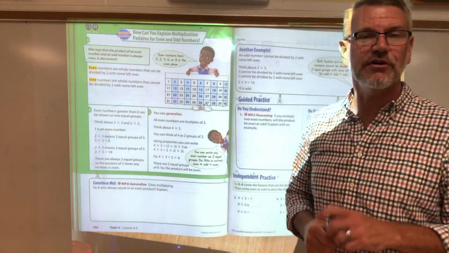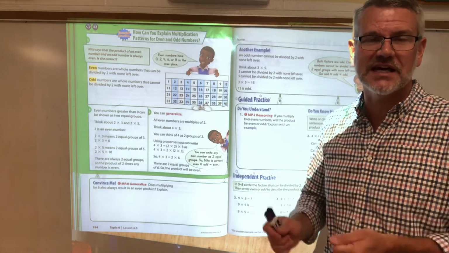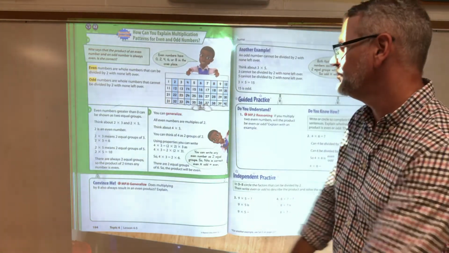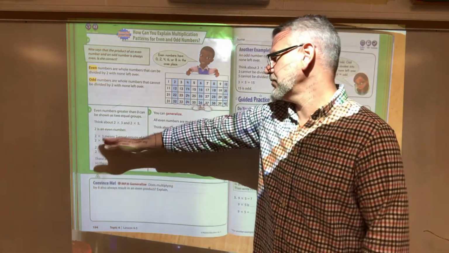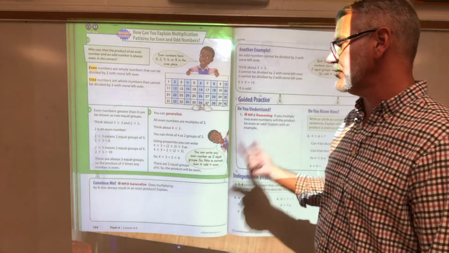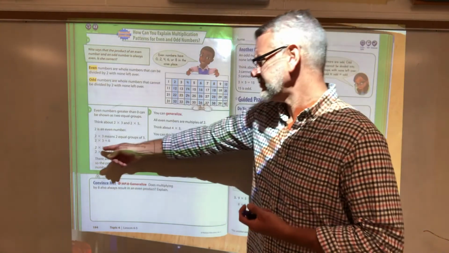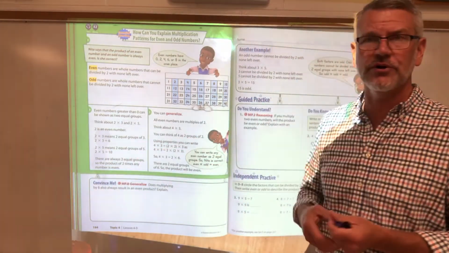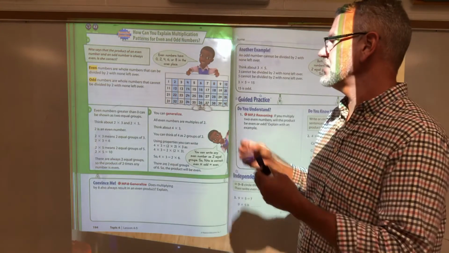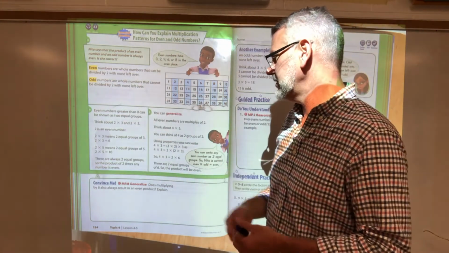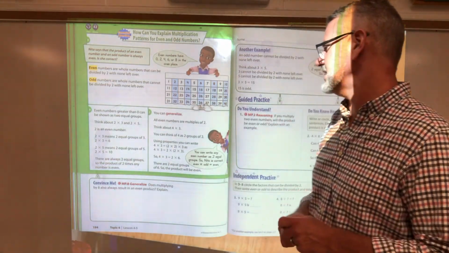It's got to be greater than 0 because if you multiply it times 0, you always get 0. Very good. All right, so 2 is an even number. Two groups of 3 means two equal groups of 3. So anytime you multiply by 2, you know you're going to get an even number because even means you can break it into two groups with none left over. So that's always going to be the case.